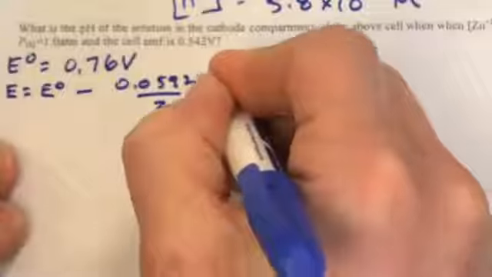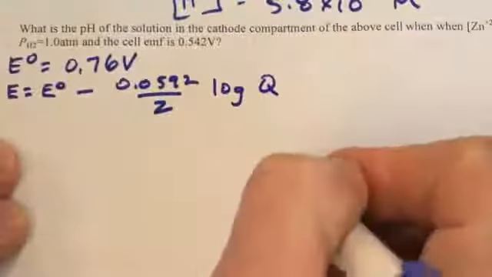So in this one, we've got E circle, remember from up above, is equal to 0.76 volts. And the Nernst equation says that E at non-standard conditions is equal to E circle minus 0.0592 divided by 2, because there are 2 electrons transferred, times the log of Q.